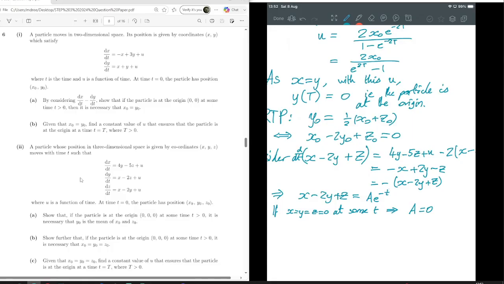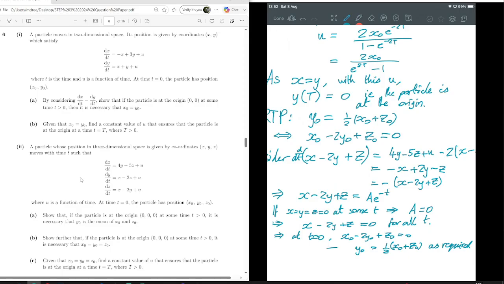The right-hand side is a multiplied by something that can never be 0, which means that x minus 2y plus z equals 0 for all time, which in particular means at t equals 0, x naught minus 2y naught plus z naught equals 0, so y naught equals the mean of those as required.